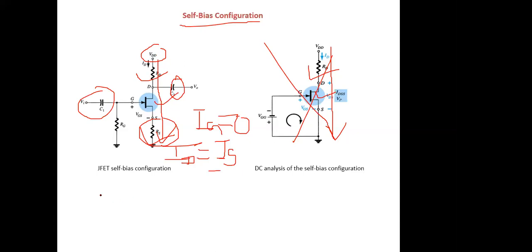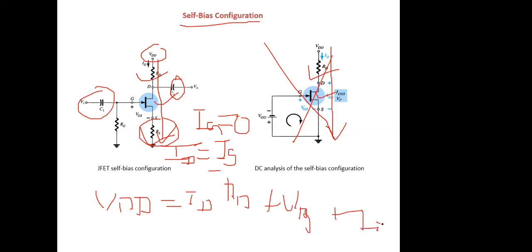So what we will write is VDD is equal to ID into RD plus VDS plus ID into RS, because both the currents ID and IS are equal. So we can take the common from these two terms, RD and RS will be in the bracket, ID will be common, and this will be VDS.